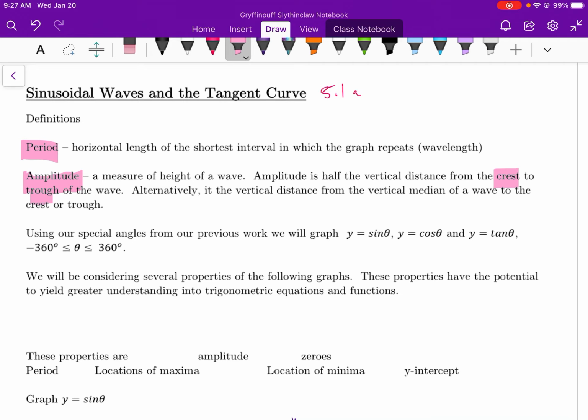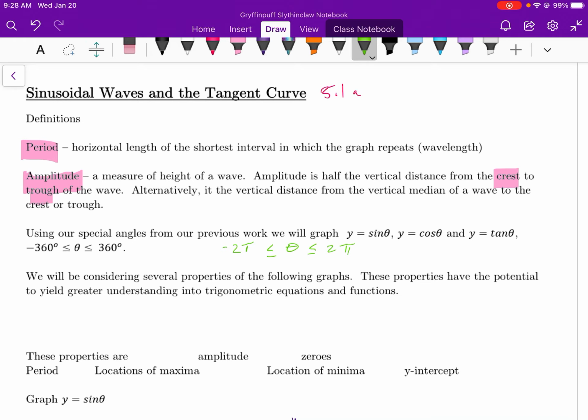Using our special angles of previous work, take out your sinusoidal charts in which you have various angles and the sine, cosine, and tangent values from negative 2 pi to 2 pi. Take those out right now. It'll help you out. We'll be considering several properties of the graphs.